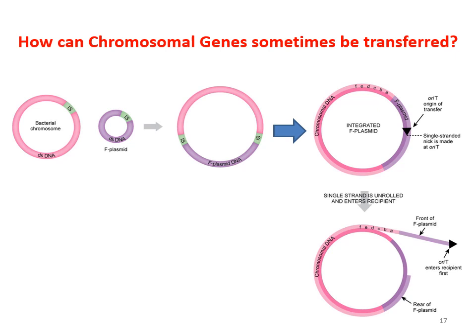But sometimes chromosomal genes can actually end up transferred as well. Usually you're transferring plasmid genes, but sometimes chromosomal genes can get transferred as well if the plasmid integrates into the chromosome. So if this DNA integrates into this big DNA here.